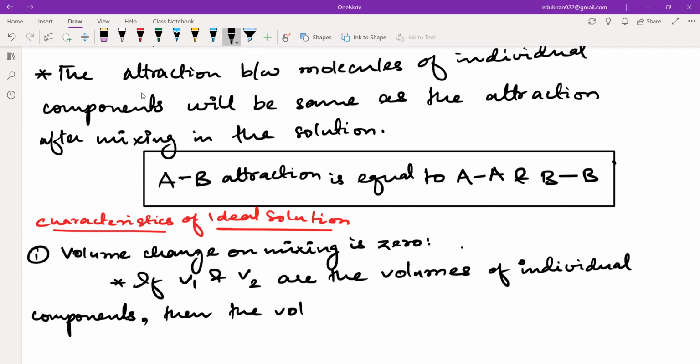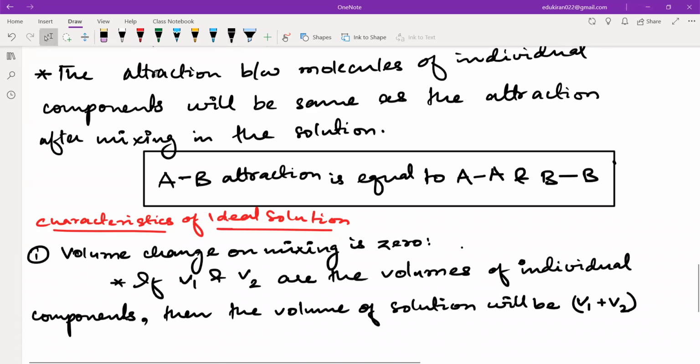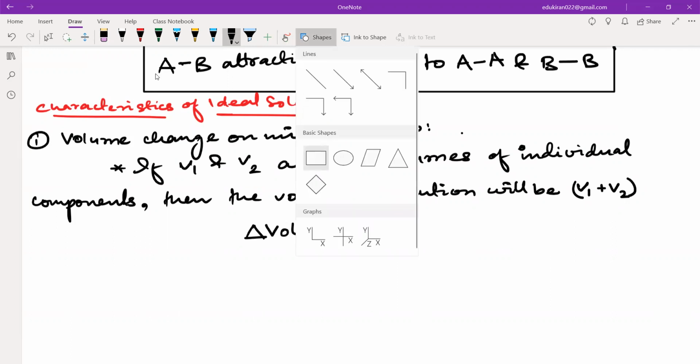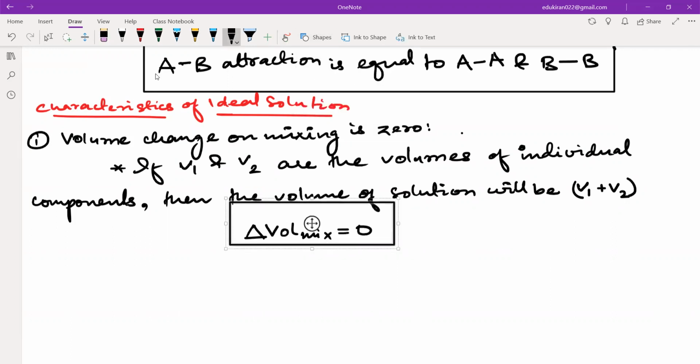Then the volume of solution will be V1 plus V2. ठीक है, V1 plus V2. इसका क्या मतलब हुआ? मतलब हुआ the change in volume after mixing is equal to 0. It's one of the confusion points that you have to remember. Okay.